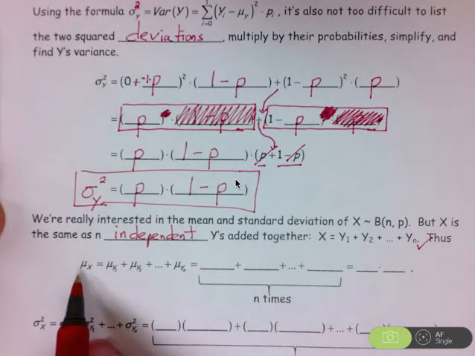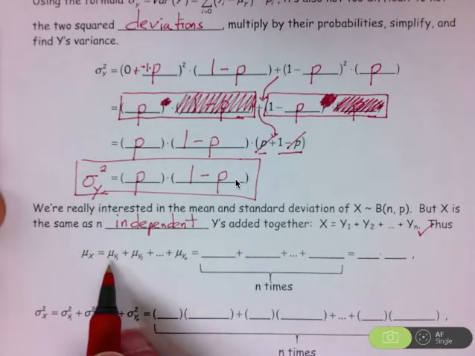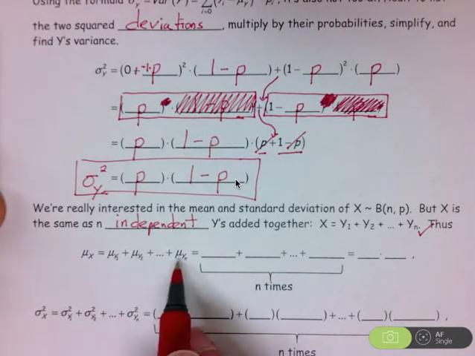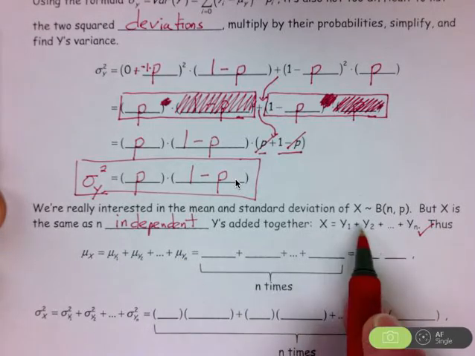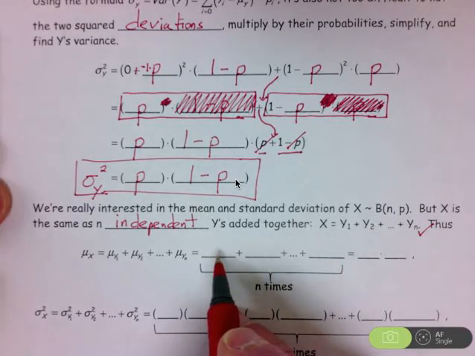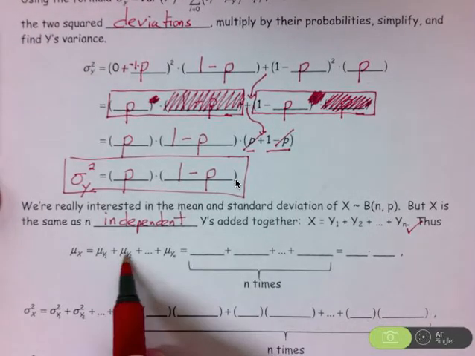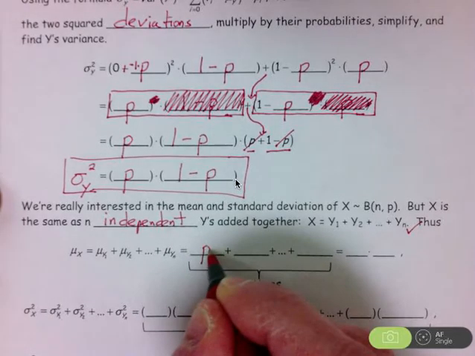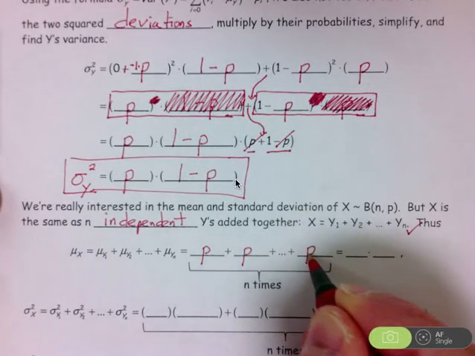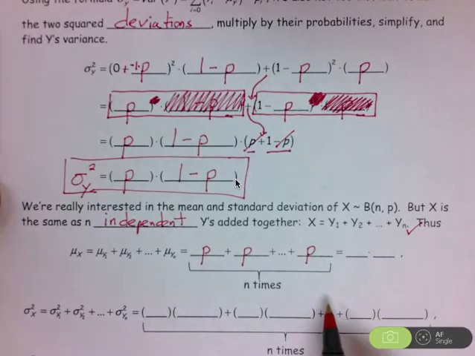So understand then, the mean of x can be found just by adding together the means of all of those n y's. So every one of these y's has a mean, as we found up here, of p. So literally every one of these means is replaced with a p. How many y's did I have to add together to accomplish this?